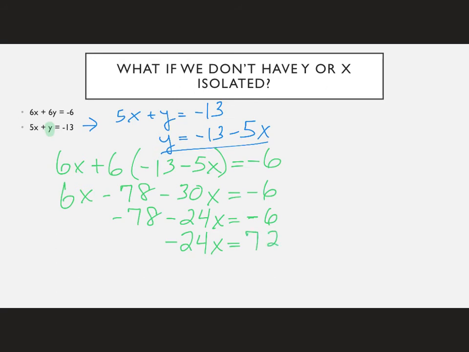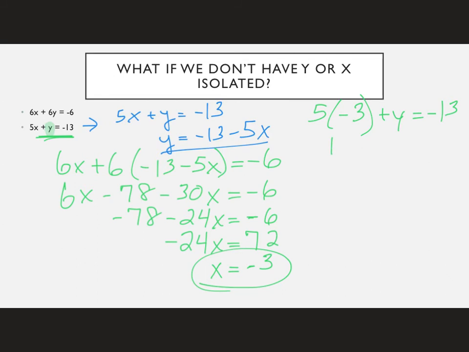And I'm going to divide both sides by -24, so x gives me, instead of being negative, -3. So I have my x value. I still need to find y. We come back here to this beginning one. So I have 5 times -3 plus y equals -13.